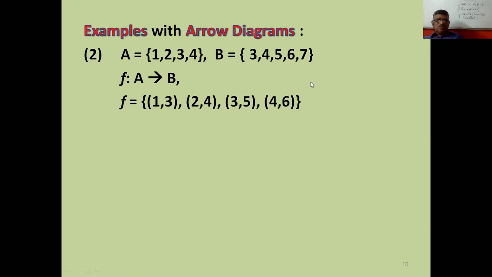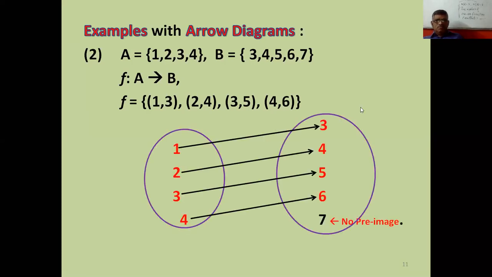So it is not onto. But it is 1-1. Why is it 1-1? Because no 2 elements have the same image. Look at the diagram. It is 1-1, but into.